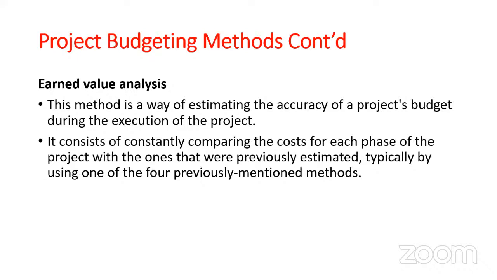Then the end value analysis as a way of budgeting is more of the actual amount of money you spent in running each task is called an end value. So let's assume that your planned value is 500 billion.